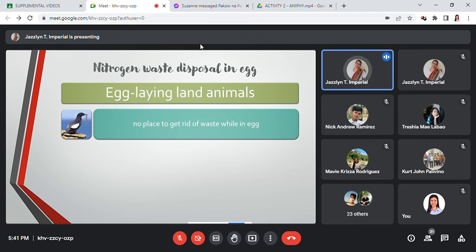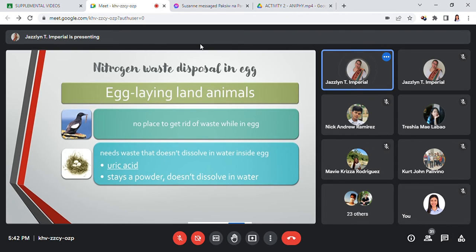Unlike land animals whose waste product is urea and water animals whose waste product is ammonia, for egg laying animals the waste product is uric acid. If you don't know yet, uric acid is actually insoluble in water. It can be excreted as a semi-solid waste. In the case of birds, since uric acid is insoluble in water, it stays as a powder.